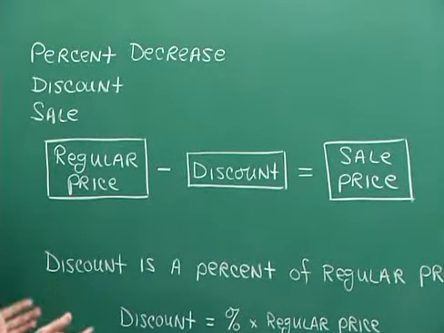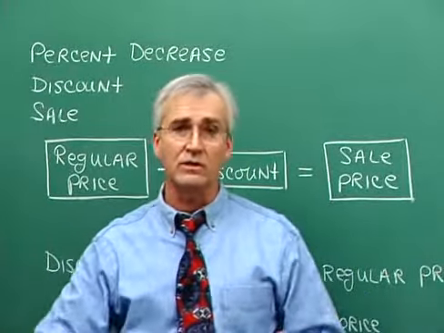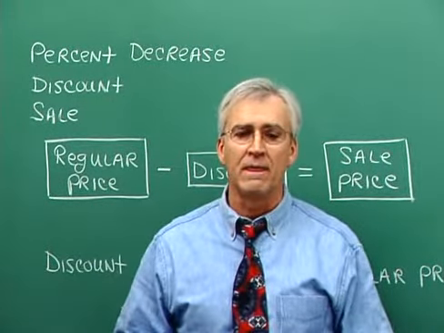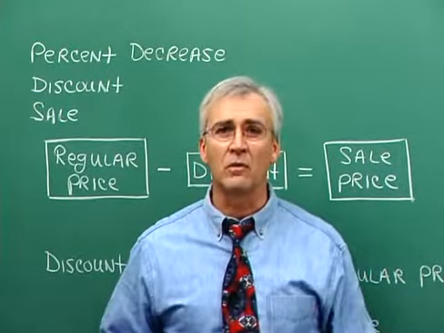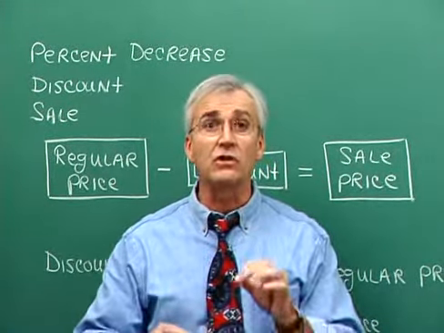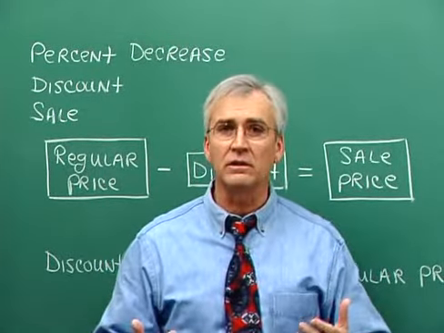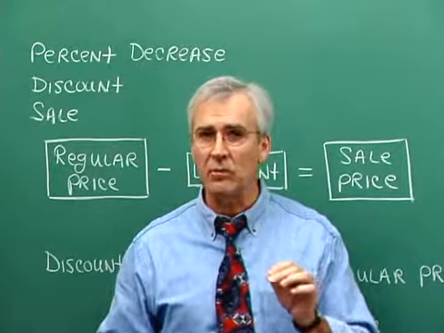And the relationship is like this. If a store is going to have a sale, then they're going to take the selling price or the regular price of an item, and they're going to discount it somewhat. They're going to subtract something from it. And the amount that they're subtracting is called a discount. And the amount that's left over, that difference, is called the sale price.